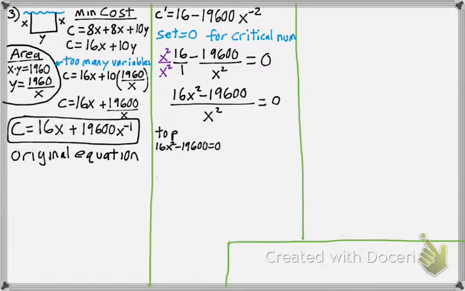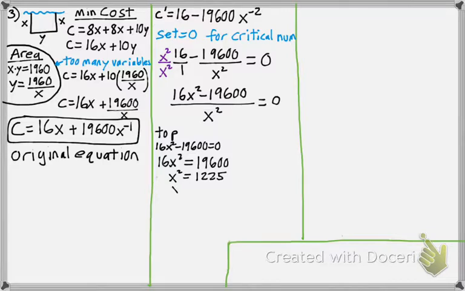If you move the 19,600 over, we get 16x squared is equal to 19,600. If we divide both sides by 16, x squared is equal to 1,225.